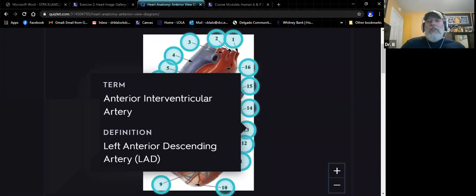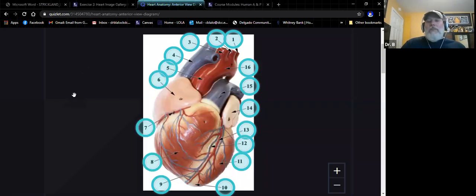You'll also see it referred to as the left anterior descending artery, or abbreviated as LAD, okay? Left anterior descending, anterior interventricular, same vessel. I like calling it the anterior interventricular just because that lets me know that it's in this sulcus.